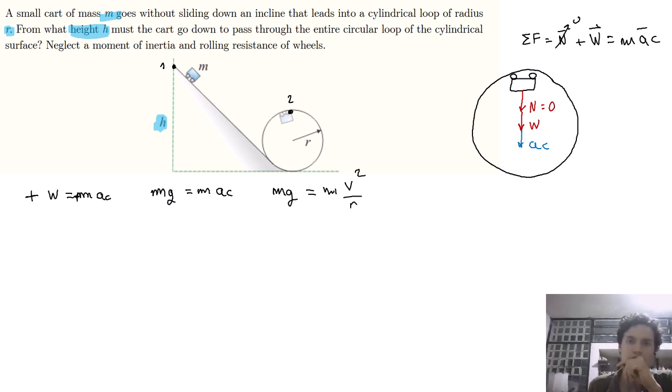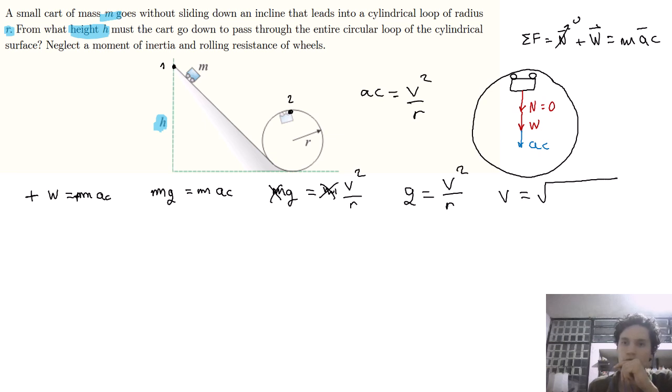So we can simplify the mass on both sides of the equation. We have gravity equal to velocity squared over radius. We can solve for the velocity, which will be equal to the square root of gravity times r.